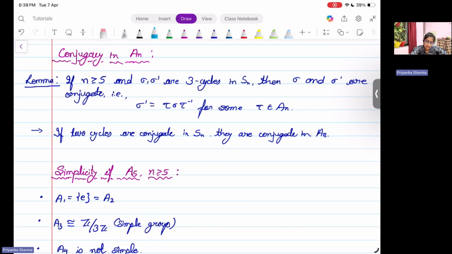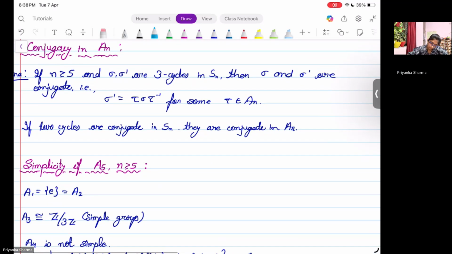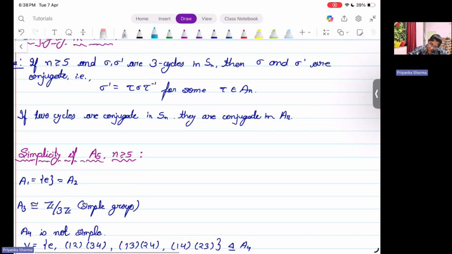That is, sigma dash can be written as tau sigma tau inverse for some permutation tau in An. Obviously tau inverse will exist because An or Sn has bijective maps on In.